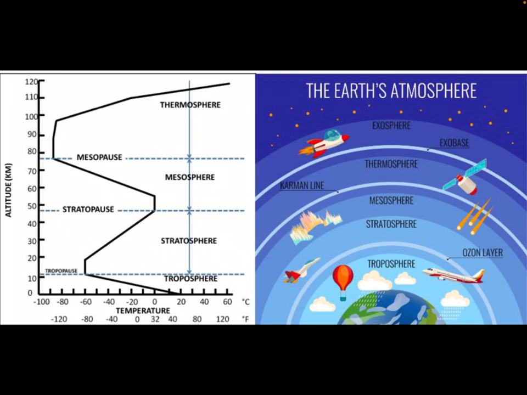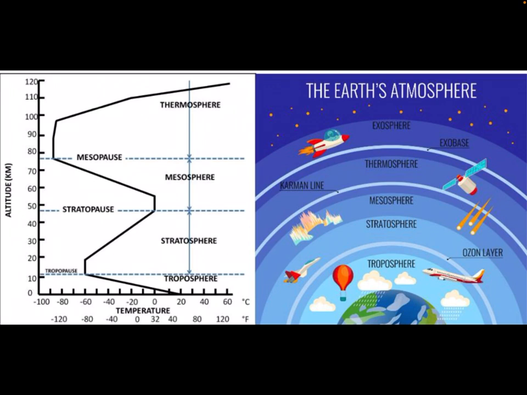So what do you mean by atmosphere and how do you differentiate it from environment? The definition of environment is all the things surrounding us, whether living or non-living. All things are considered as environment. Environment means living or non-living things surrounding us.